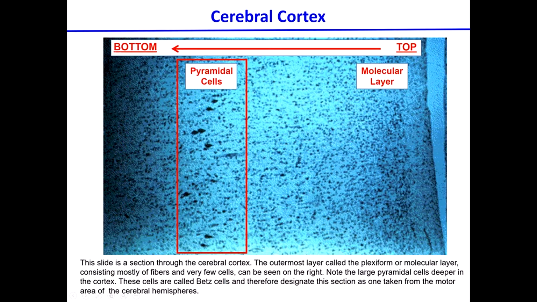Let's look at histology here. This is the cerebral cortex of someone, shown like this simply to fit it in the slide better. You can see the molecular layer and the portion where most of the large cell bodies are. These would be the pyramidal cells, and this would be the pyramidal segment.